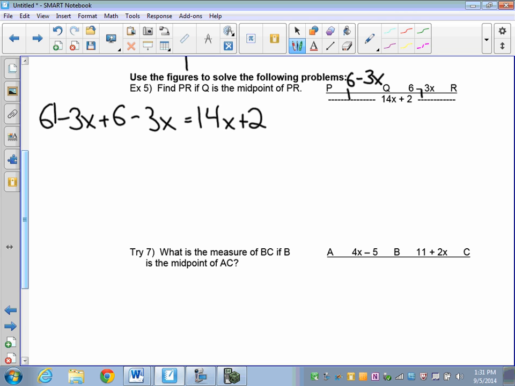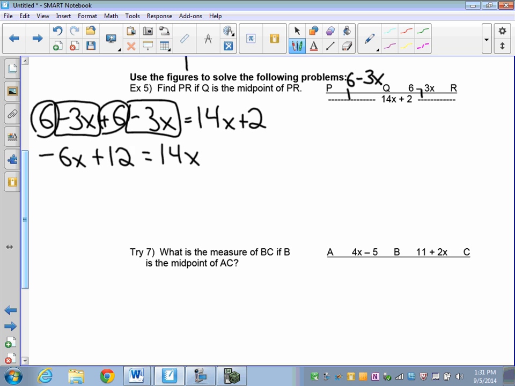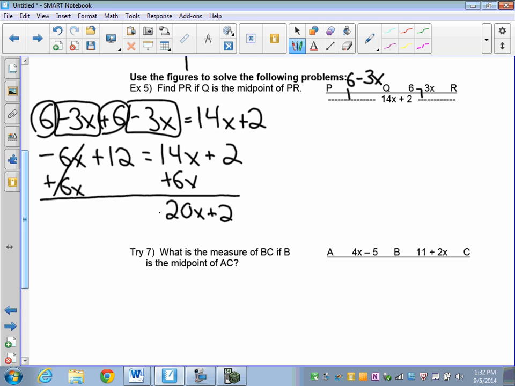I combine like terms. I have negative 6x, and I have 6 plus 6, that's plus 12, is equal to 14x plus 2. I'm going to add 6x to each side because that's the opposite or inverse operation of a negative 6x. So I get 20x plus 2 is equal to 12.